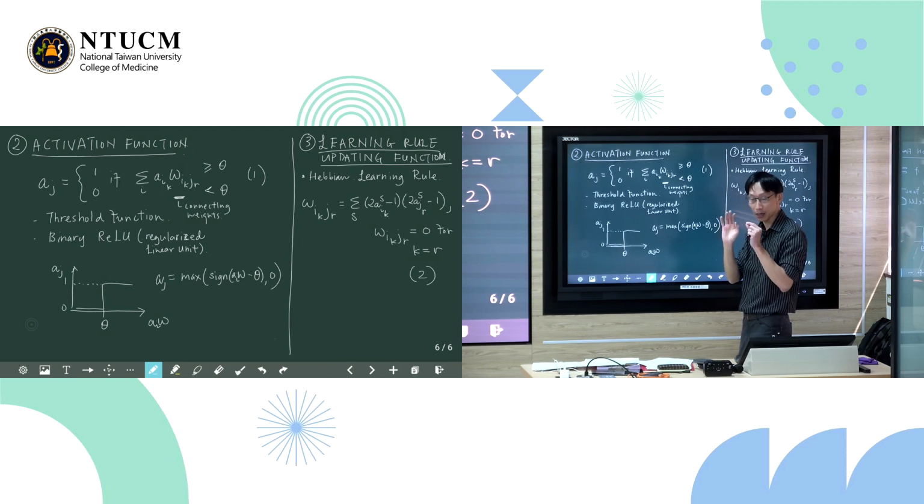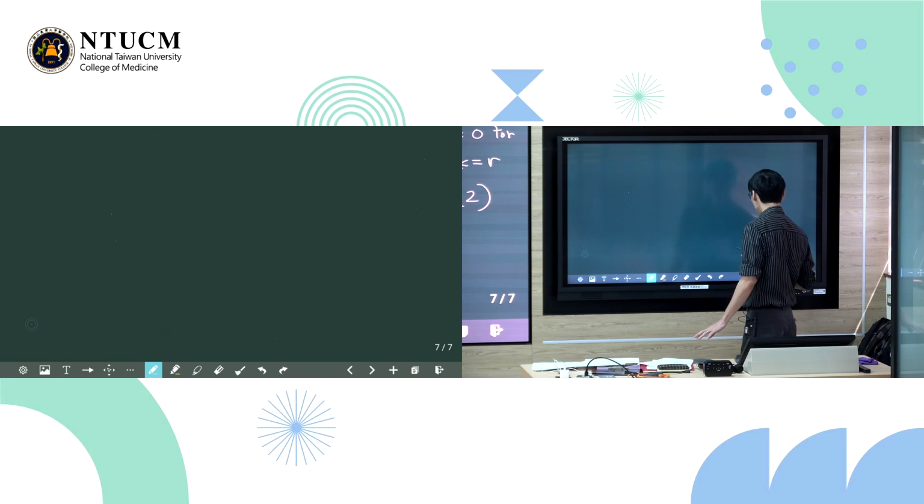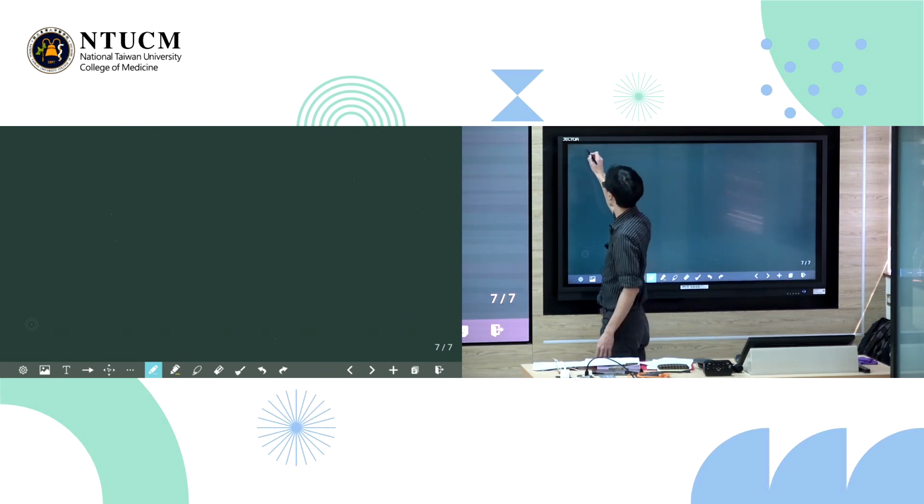If that's the case, then the weight is 0. There's no connection. 0 means no connection. So let's visualize this. What does that mean?